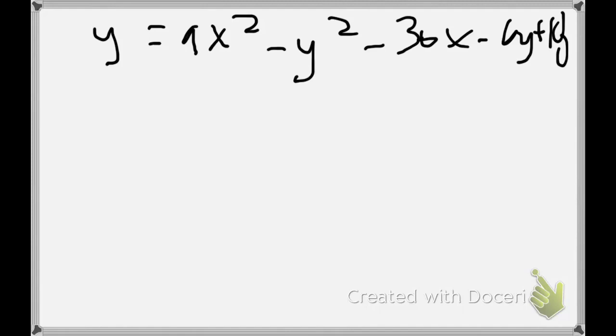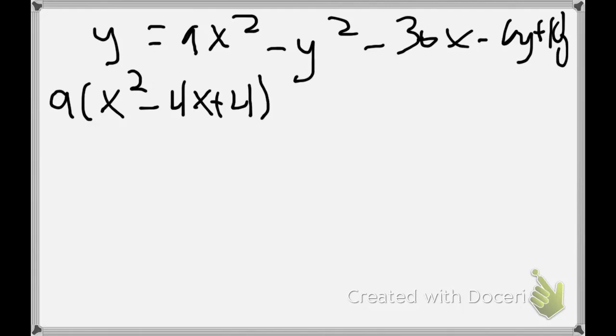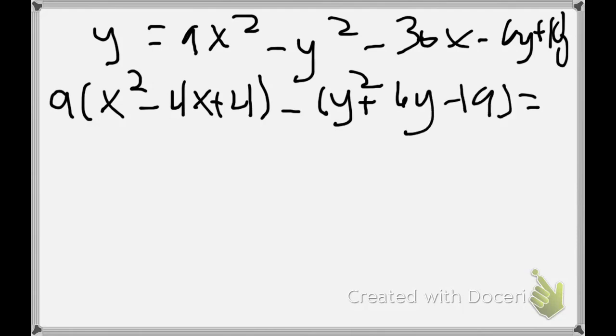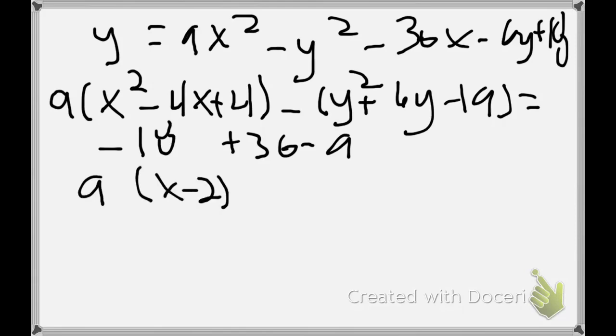To start this problem out, we would rewrite this as 9x squared minus 4x, we would complete the square now, plus 4, minus y squared plus 6y plus 9 equals negative 18 plus 36 minus 9. So we can rewrite this as 9 times (x minus 2) squared minus (y plus 3) squared equals 9.